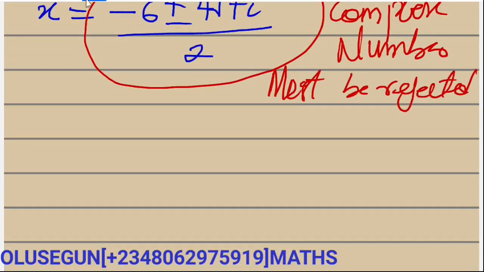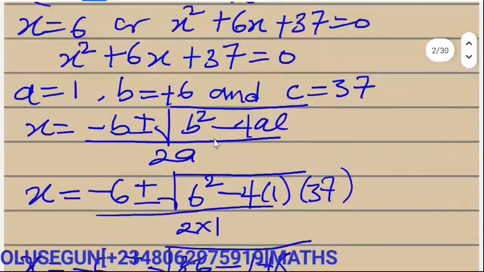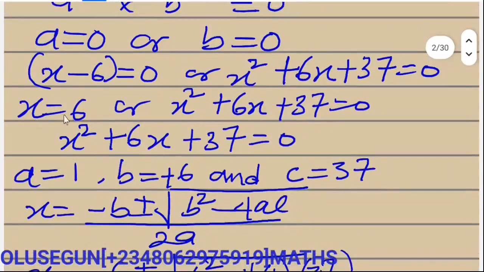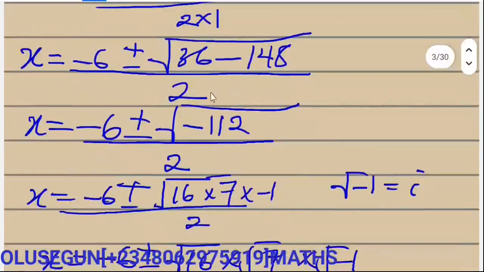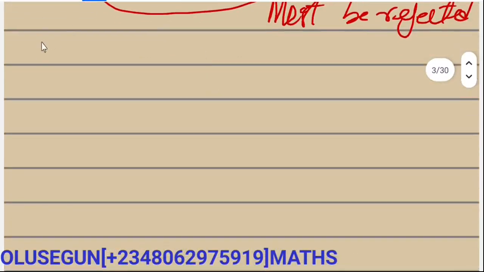From our working here, you know x is equal to 6. Since this value gives us a complex form, and the question says the values are real numbers, at this junction, x is equal to 6 is what we are going to consider.